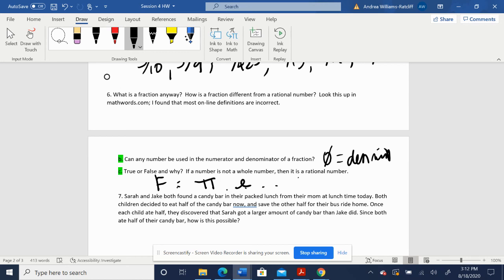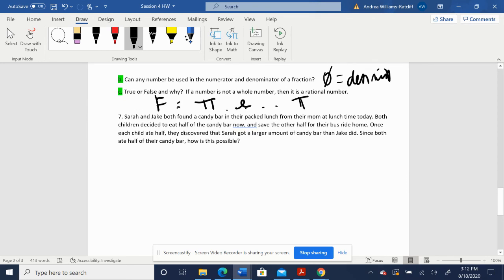Pi is a non-terminating, non-repeating decimal. It doesn't fit into the whole number category, but it also does not fit into the rational number category. Any value that doesn't terminate or doesn't repeat is going to make this a false statement.